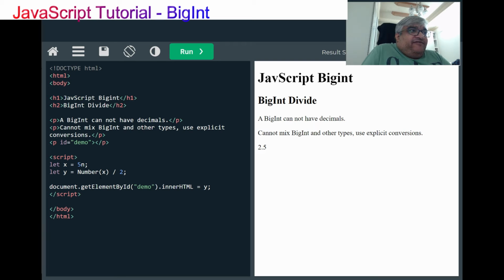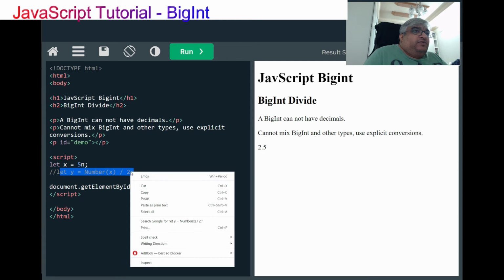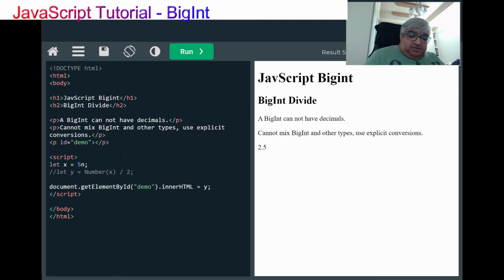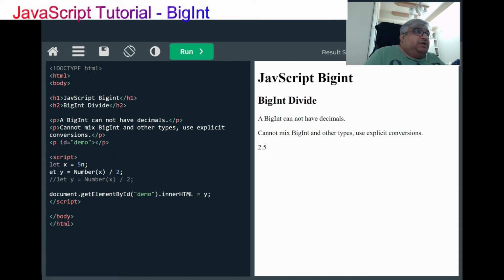Okay, for example, I paste this. This is my x. x is a normal number, right?